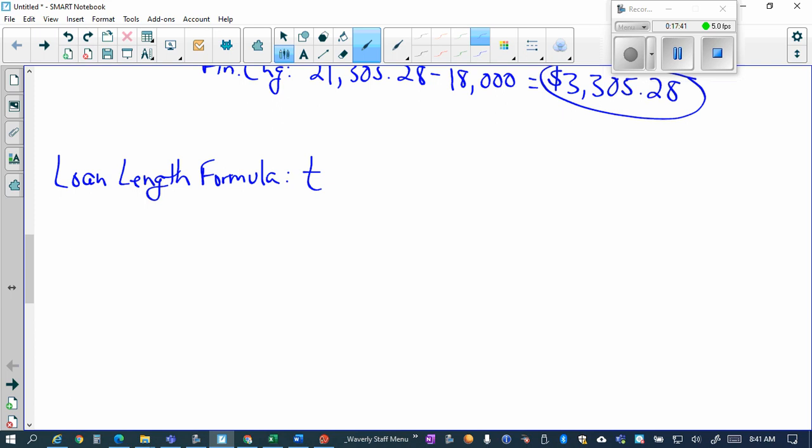Geometry class. You thought this was geometry? All right, well, if you want it to be. So time equals log of M, the monthly payment that you can afford, over the principal that you want to borrow, right?